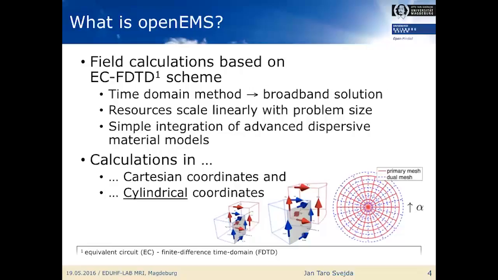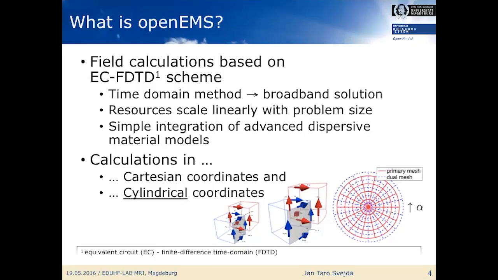In this case, OpenEMS is a bit slower than the commercially available tools, but it is open source. It also has a very simple integration of advanced distributed models like Joule models. And you are also able in OpenEMS to access the code and compute your own fancy features, if you like.